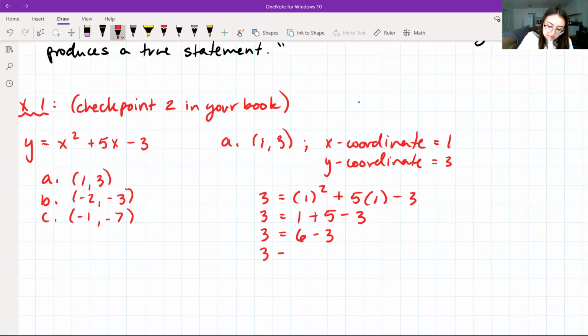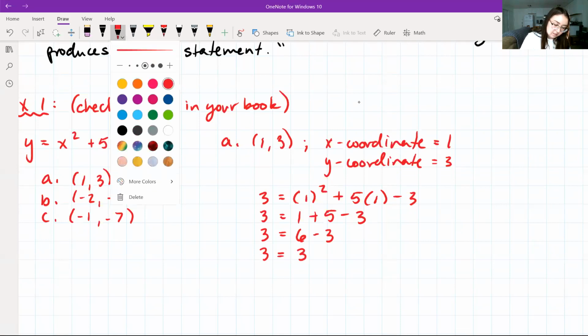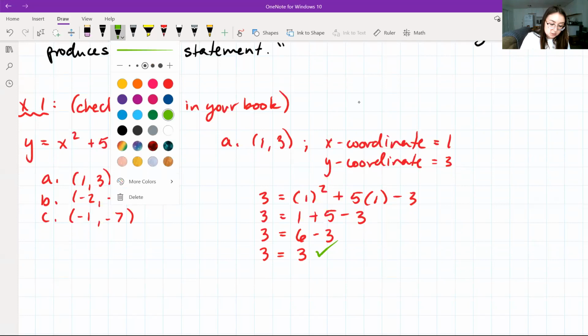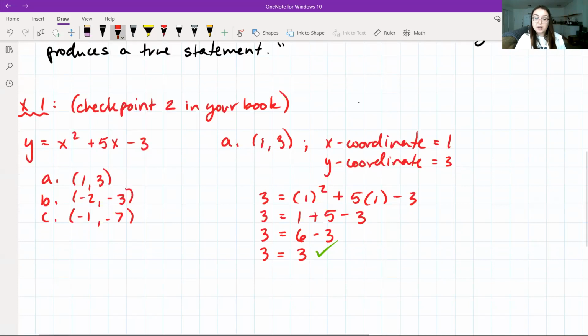So we end up with 3 is equal to 3. So put a check, and that is a true statement. Since when we plugged in our given x coordinate and our given y coordinate, they came up with the same answer, 3 is equal to 3, which means that the ordered pair (1, 3) is a solution.